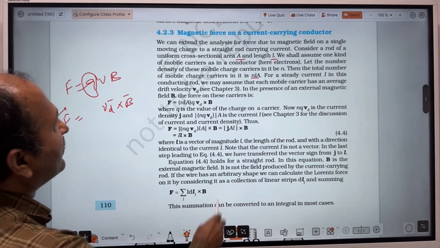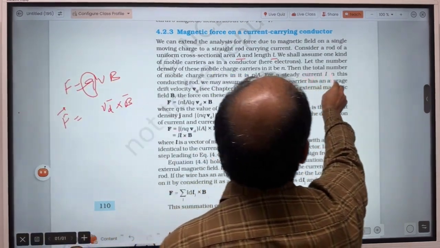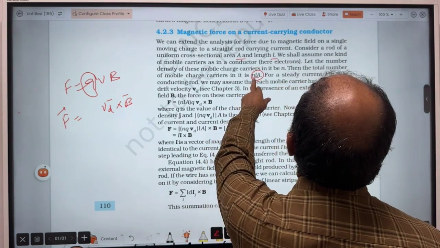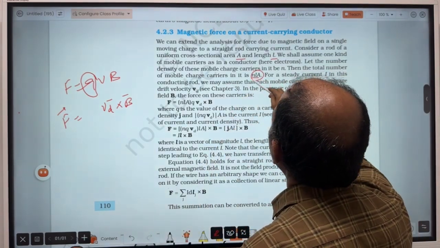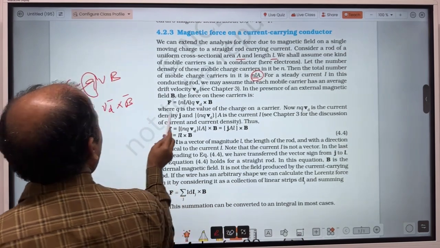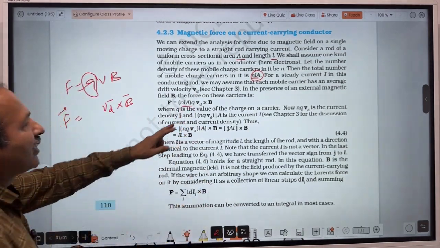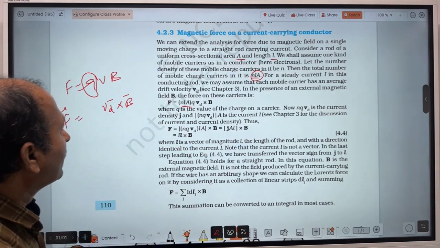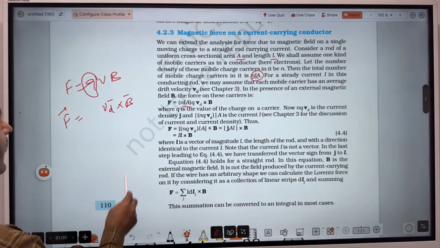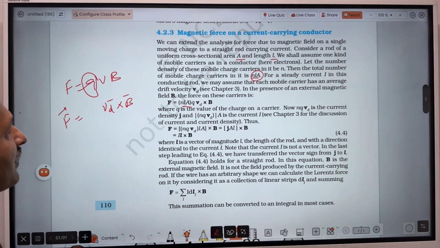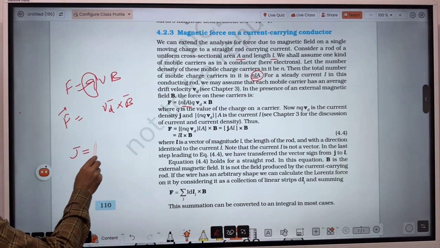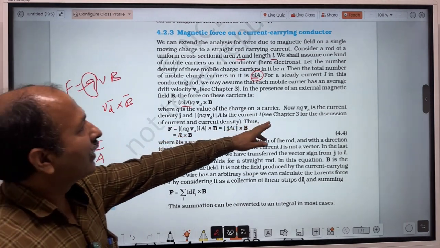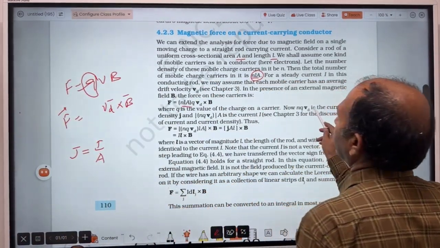Total charge, as we have seen here. So the total number of mobile charges is this much and the charge is say Q. So just multiplying by the number, you will get NLAQ times Vd into B. Now if you introduce current density here, you remember J is current density, J is I upon A. So here NQVd is the current density.